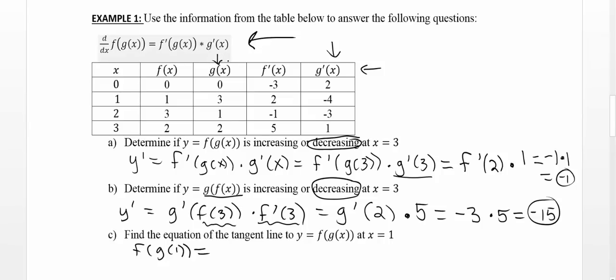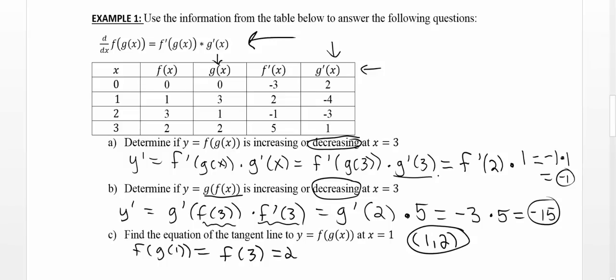G of 1, if I go to my g column and x equals 1, is 3. So that means I'm looking now for f of 3. F of 3 means I'm going to go to my f column, and I go down to x equals 3, and I get a value of 2. So that means when x equals 1, y equals 2. So I have the point (1, 2).